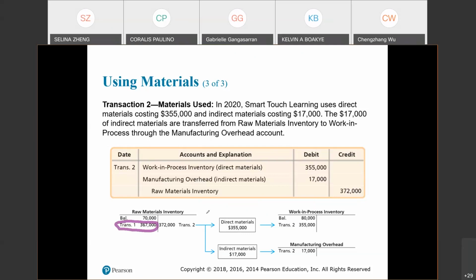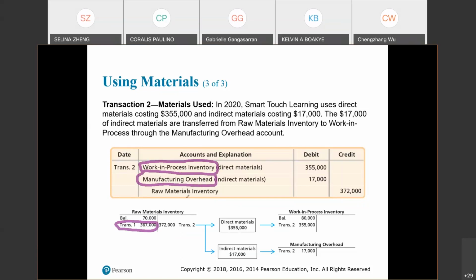So for direct materials, we need to debit this part to the WIP inventory account. For the indirect materials, we need to debit the manufacturing overhead account. This part. There it is.